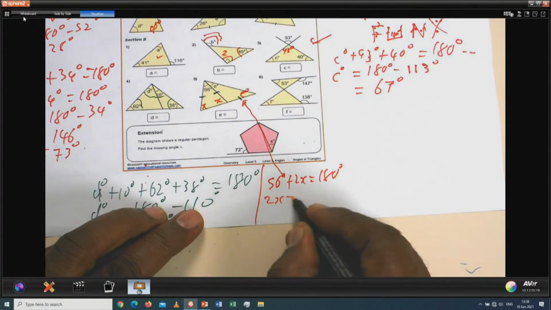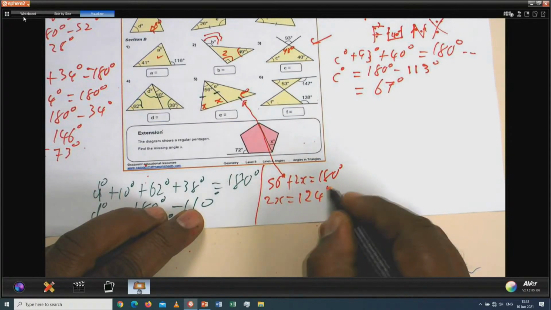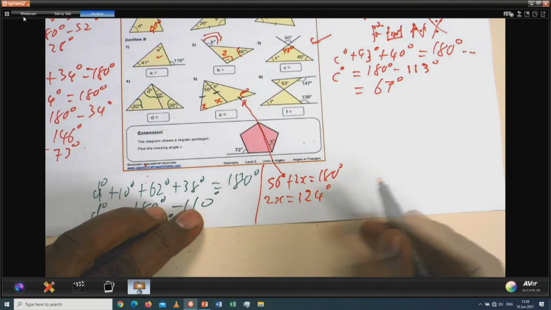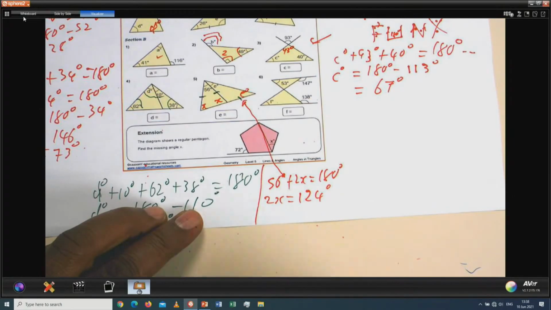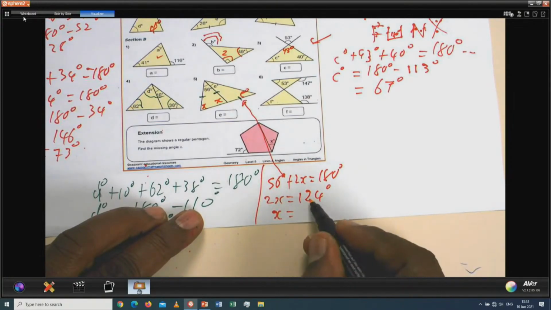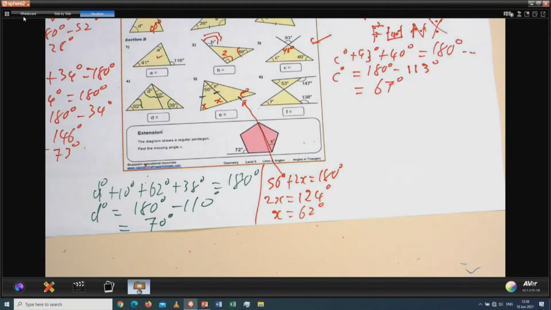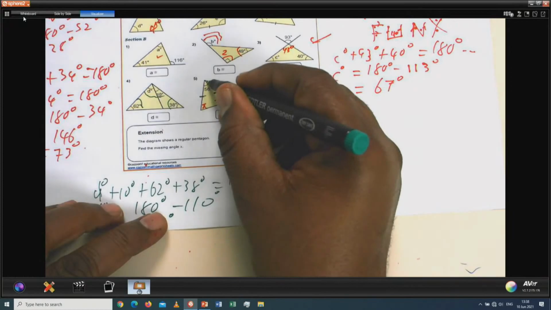So 2x equals 124 degrees, and you subtract 56 from there. How many 2's into 12? 6. 2. That is your x. Right. Now you know your x is 62. Now, where are you now?